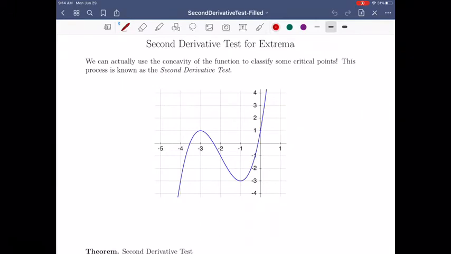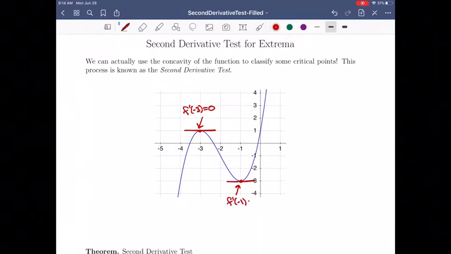So consider this function, and this is the one from a previous video. Notice that at x equals -3 and at x equals -1, we have critical numbers. The slope here is 0. So that means that f prime of -3 is 0, and f prime of -1 is also 0. So x equals -1 and -3 are critical numbers for this graph.